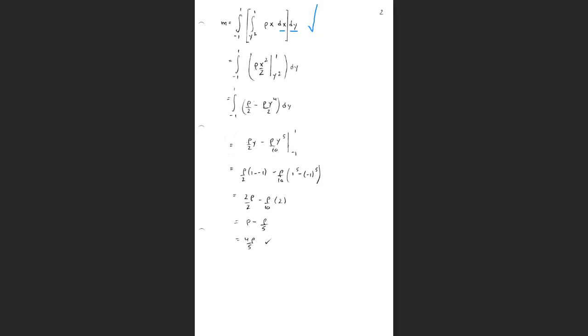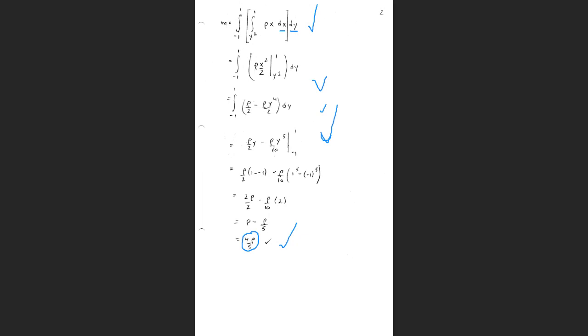So hopefully all the steps here are pretty straightforward. I'll give you a moment to copy it down. In the end, for the total mass, you're going to get 4 rho divided by 5.